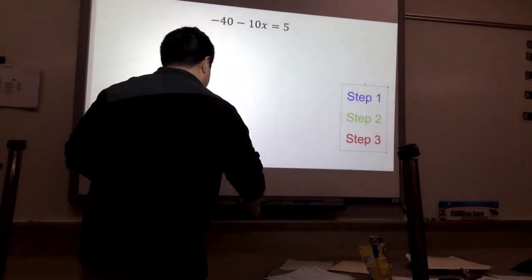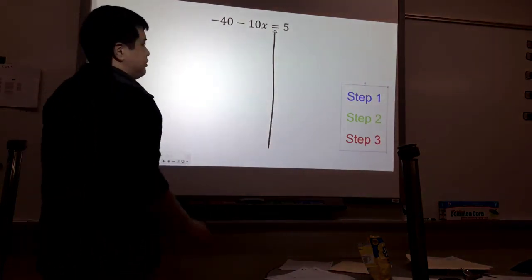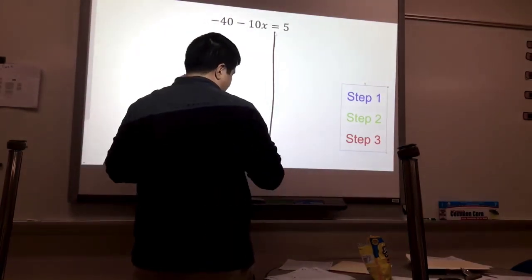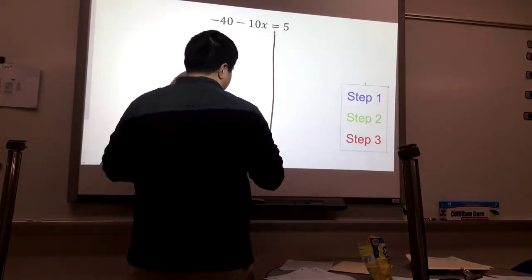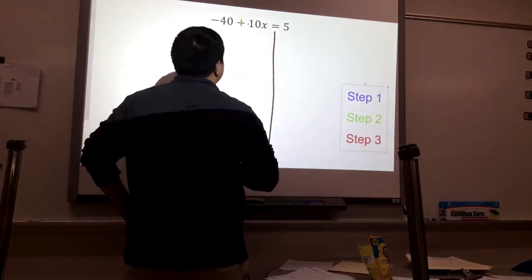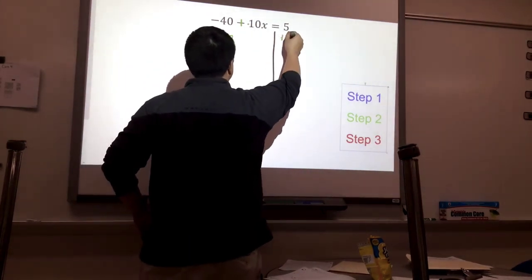This one. Again, we do not need to distribute or combine like terms inside this one. So we simply need to move the non-x term to the other side. We have a minus 40. We do that by adding 40 to both sides.